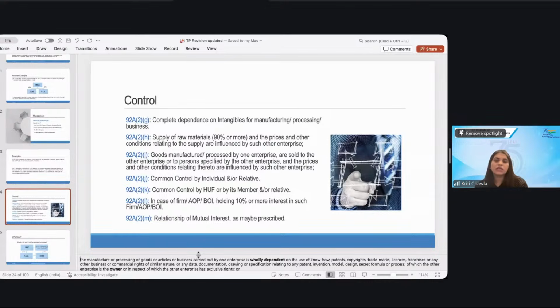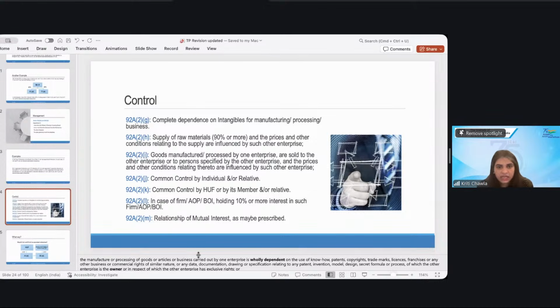Then there is clause H, which talks about supply of raw materials, 90% or more, and the prices and other conditions relating to the supply are influenced by such other enterprise. Now, this is where if raw materials are supplied 90% or more, and the prices or other conditions are influenced by the other enterprise, then two enterprises will become associated to each other.